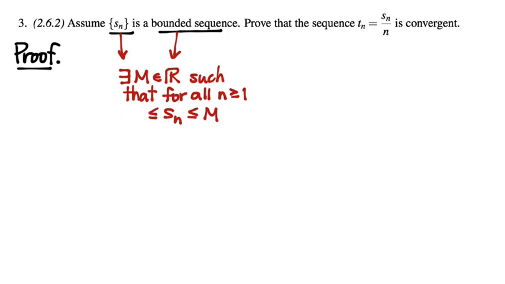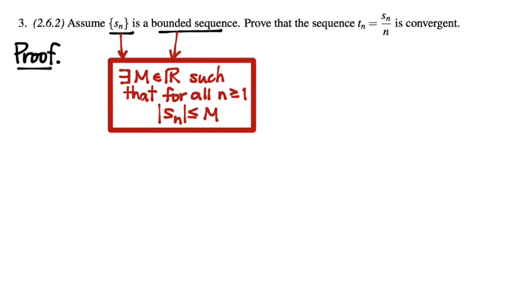So another way to rephrase this would be to write that the absolute value of Sn is less than or equal to M. So let's take that as our definition for bounded, because that captures both bounded above and bounded below. And so this is something that we get to assume. This thing written in red here is a true fact as far as our proof is concerned.